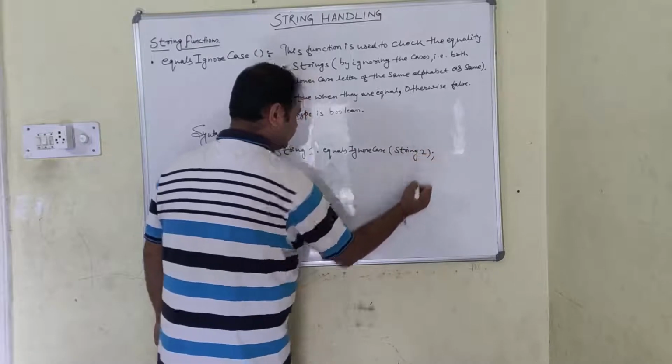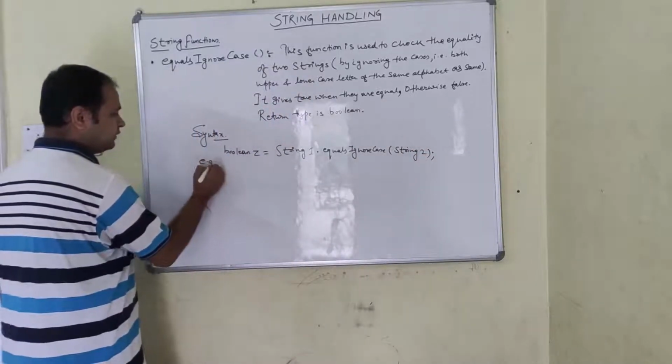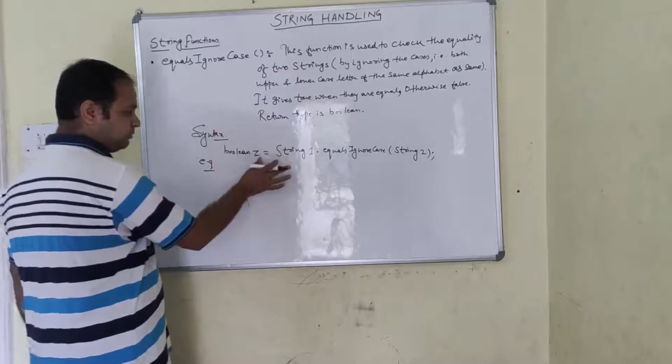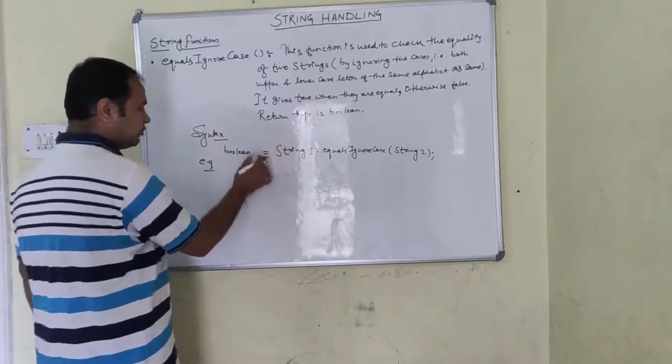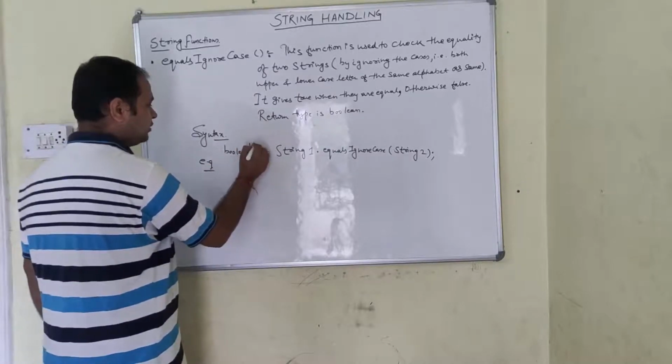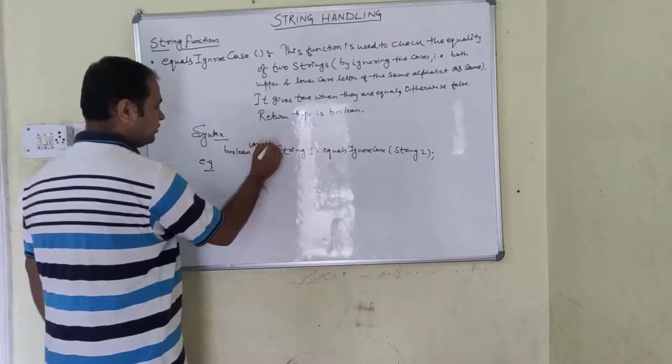Okay, for example, here in place of boolean z, you write a boolean variable. This z is a variable, so I'm writing a boolean variable.